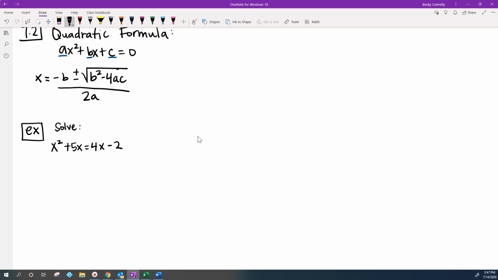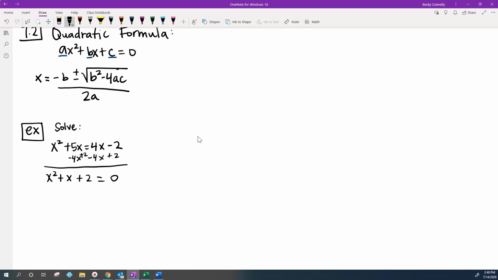Okay. So when we do that, let's subtract our 4x over. That's going to give us x squared plus x. Then we're going to add the 2 over also. We can do this at the same time, or if that looks a little messy, we're just moving everything over.